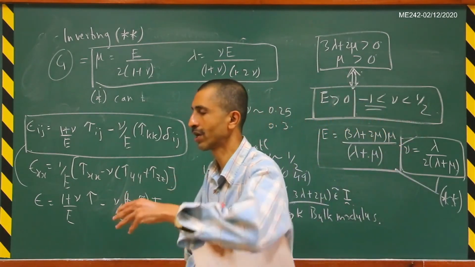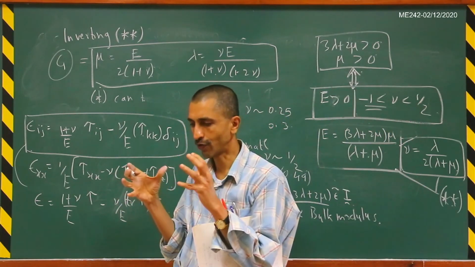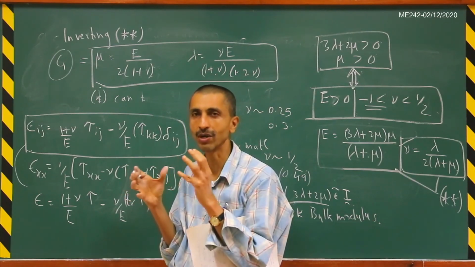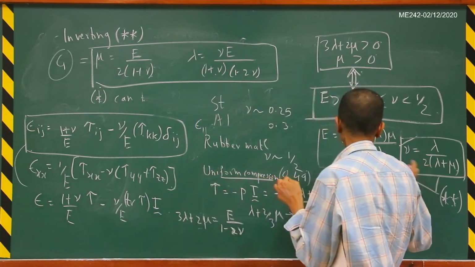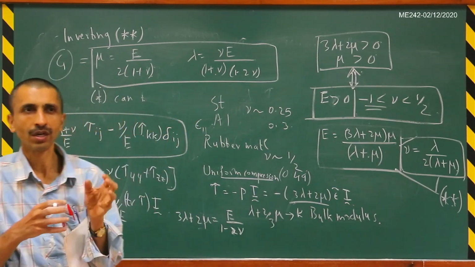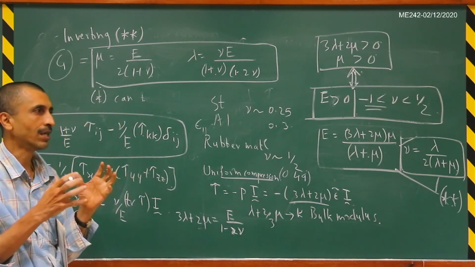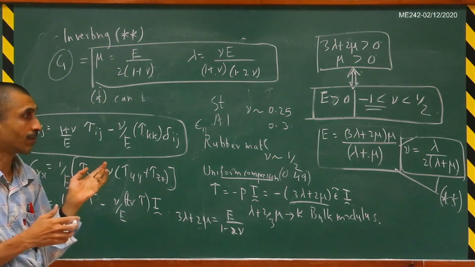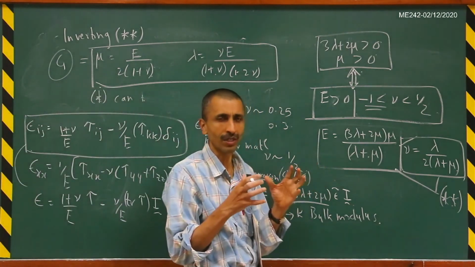Suppose you take a rubber ball and try to compress it, you will see that you will not be able to compress it by much. That is because nu is close to 0.5. Of course, I am talking of a solid rubber ball, not the hollow one. There, of course, you can squeeze it, but if you take a solid rubber ball, you will not be able to compress it much, only by very little.